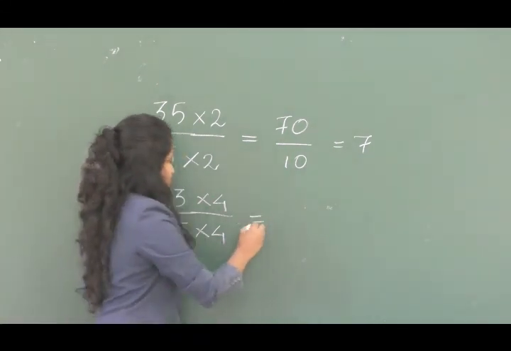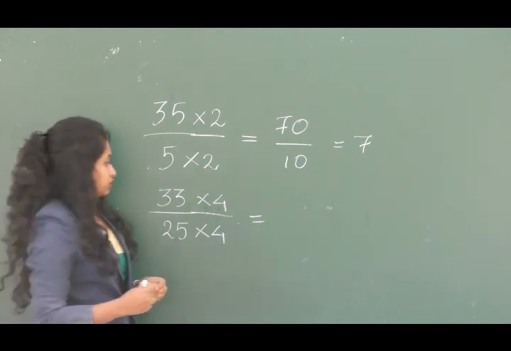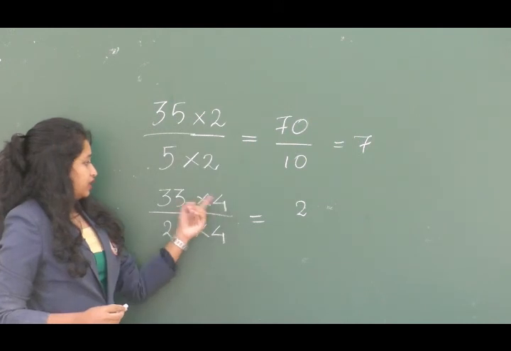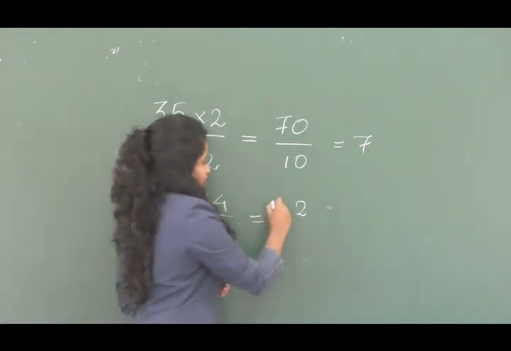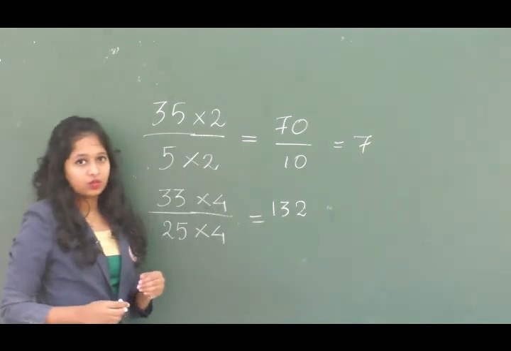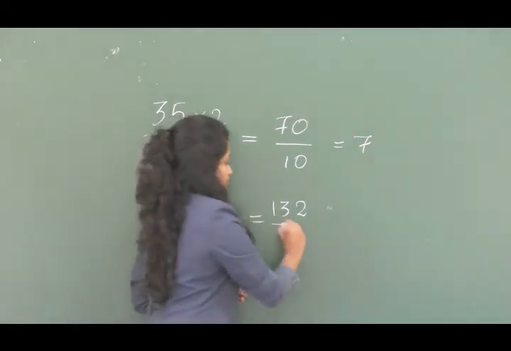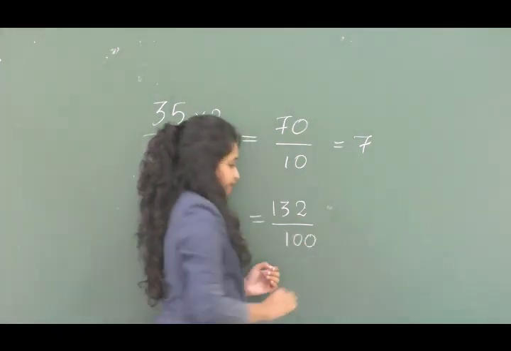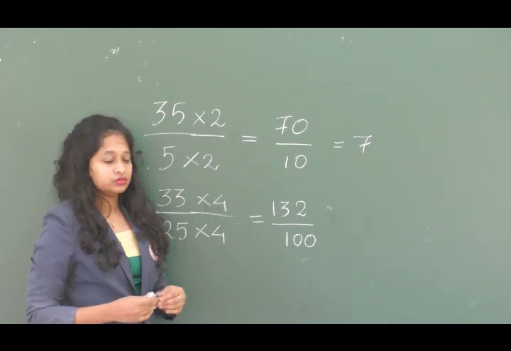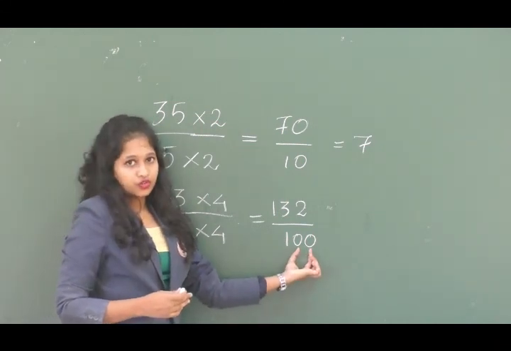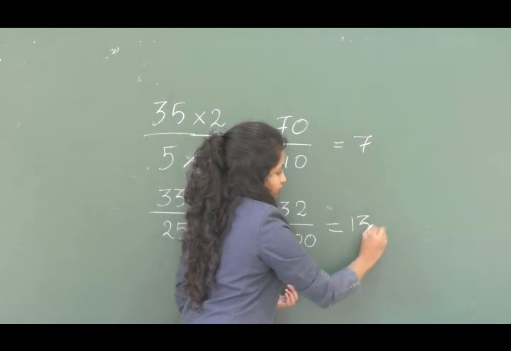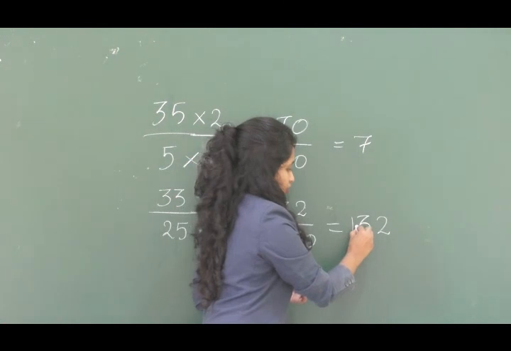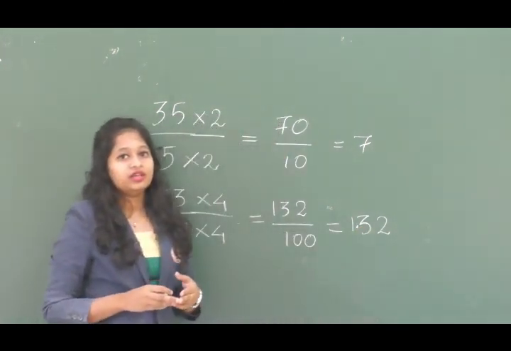So what is 33 into 4? 4 3s are 12. We get 1 carry, and again 4 3s are 12 plus 1, 13. 132 by 25 into 4 is 100. Now there are 2 zeros, so write the numerator and place the point after 2 digits. So we get 1.32 as the answer.